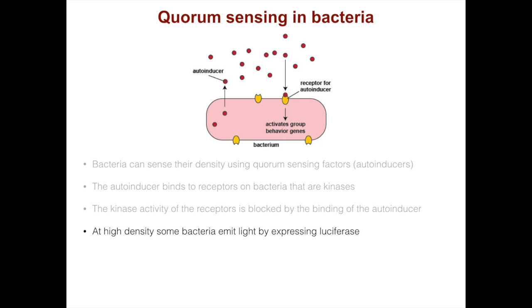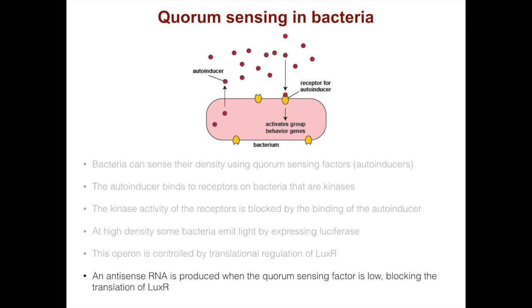At high density, some bacteria emit light by expressing luciferase, as Bonnie has described. This operon is controlled by the translational regulation of the LuxR gene. And an antisense RNA is produced when the quorum sensing factor is low, blocking the translation of LuxR.